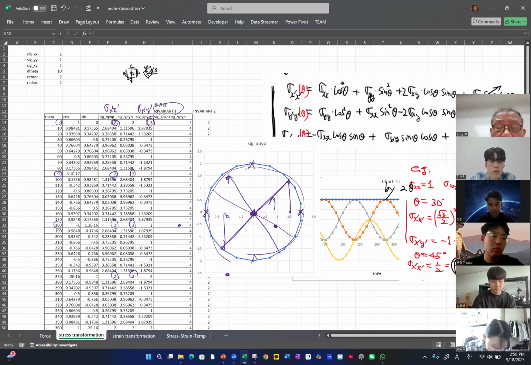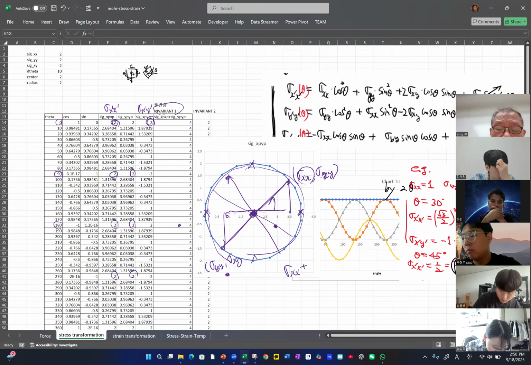This will be sigma xx and sigma xy, and this is sigma yy and sigma xy. So the average of these two terms will be sigma xx plus sigma yy over 2.